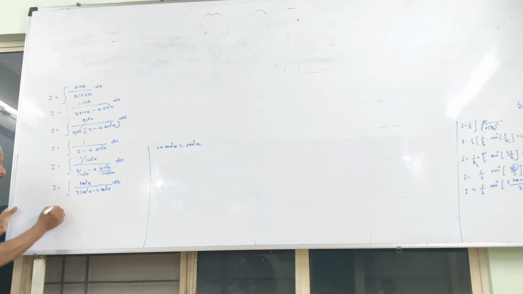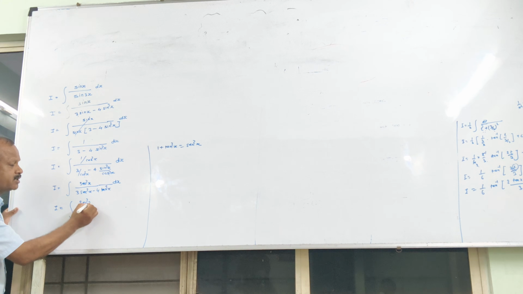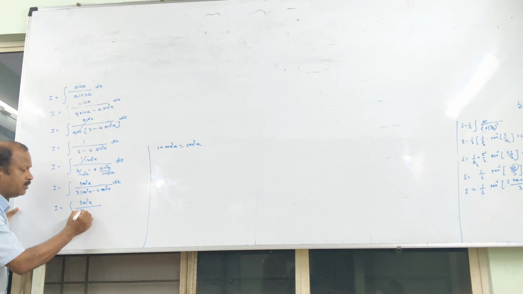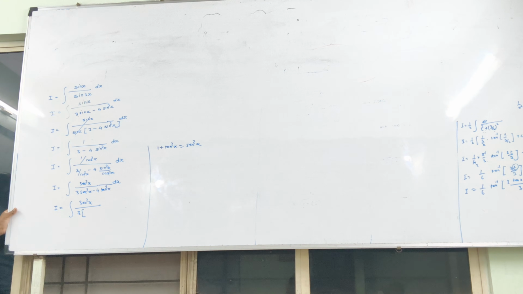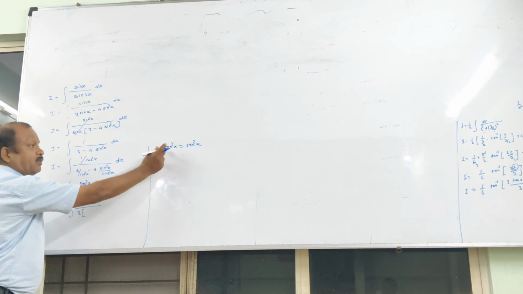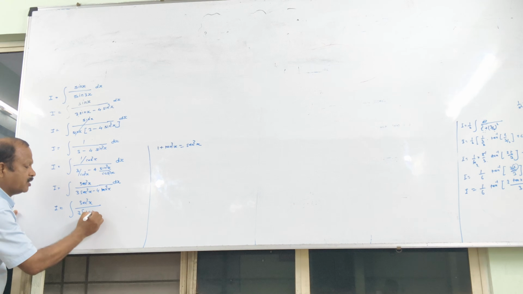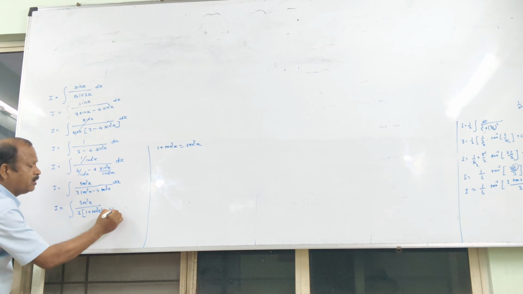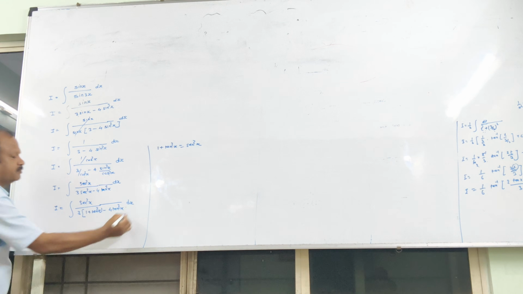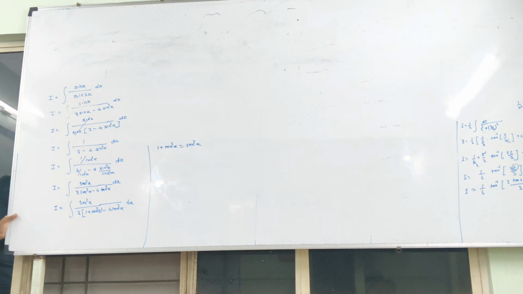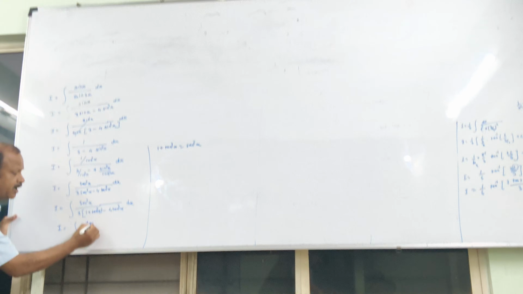I equal to integration of sec square x upon 3 into, what is the value of sec square x? Sec square x is nothing but 1 plus tan square x, minus 4 tan square x into dx. So therefore I equal to integration of sec square x.